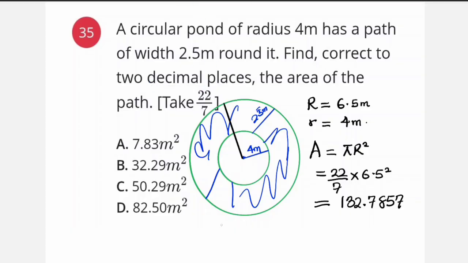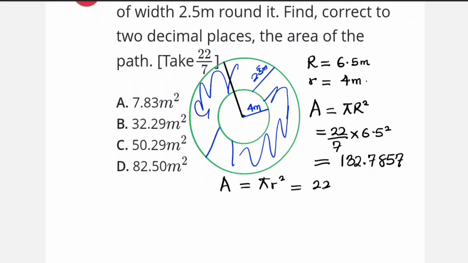And therefore, area of the smallest circle, which is the area of the pond itself, that'll be pi r squared, which is 22 over 7 times the radius 4, that'll be 4 squared. And by calculation, 4 squared is 16 times 22, then divided by 7, that gives us 50.2857.